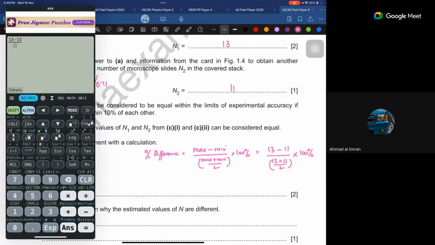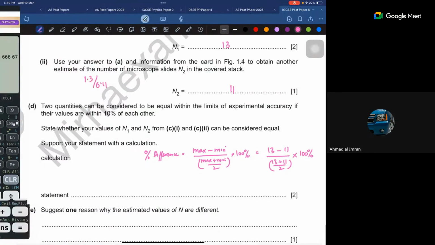13 minus 11, then 13 plus 11 divided by 2, you have to take the mean, and then multiplied by 100%. So this is 17%, right?